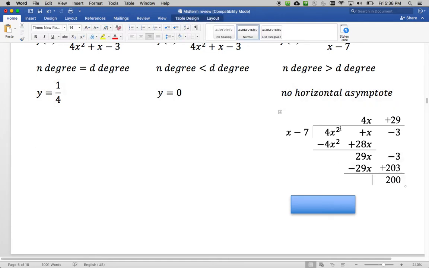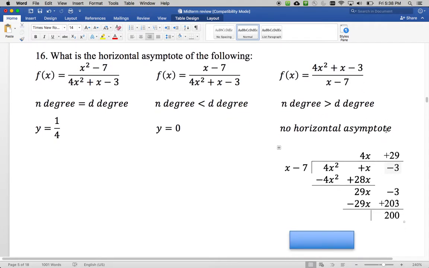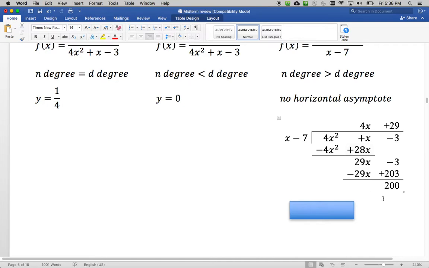And so in this case, I divide my numerator by my denominator, do all the math, and I come up with 4x plus 29. And so my slant asymptote is at y equals, excuse me, I keep wanting to say x squared. It's at y equals 4x plus 29.